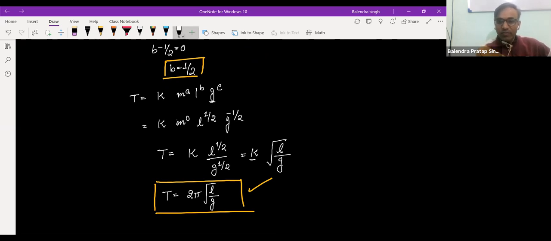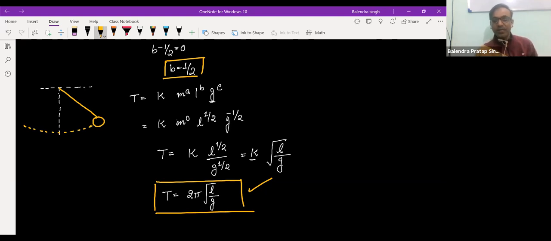This is the formula for the time period of a simple pendulum. If you hang a bob with a thread, the time period of oscillation can be represented by this formula: T equals 2 pi under root L upon g.